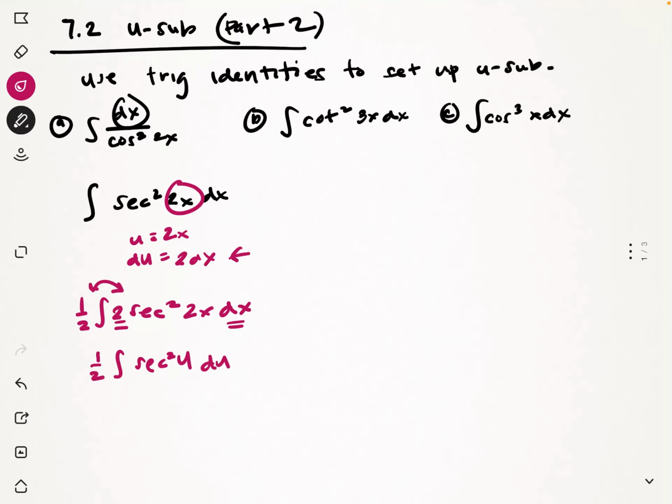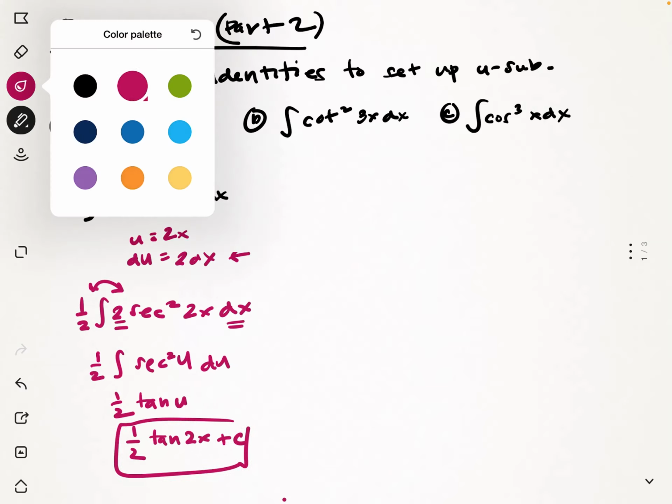So now we can do the integral, right? With respect to u, we're going to do tangent u. The du is gone when we do our integral, and we're going to have a 1/2 in there. And then now we can plug back in our 2x for our u. So 1/2 tangent 2x plus c. And we'd be good.